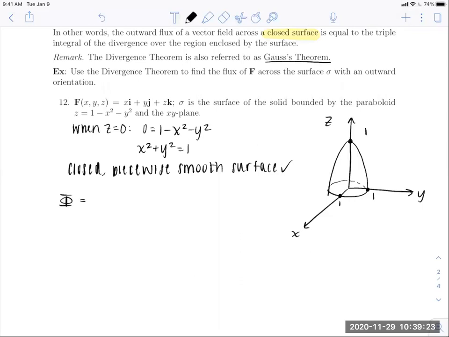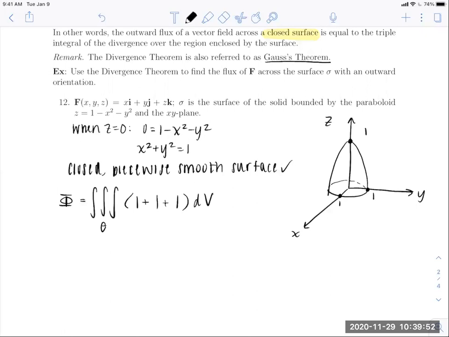So that says that the flux can be represented as a triple integral over our solid G of the divergence of F. So first I want to take the partial of the first component function with respect to x, which gives me 1. Then I want to add it to the partial of y with respect to y, which is 1, plus the partial of z with respect to z, which is also 1. And then I have dV here.